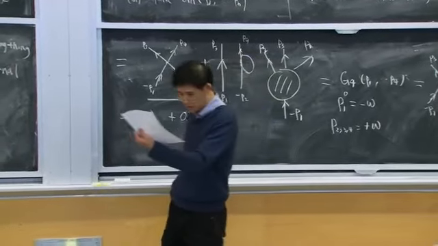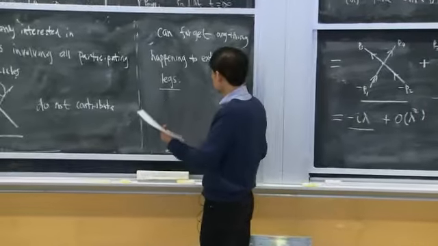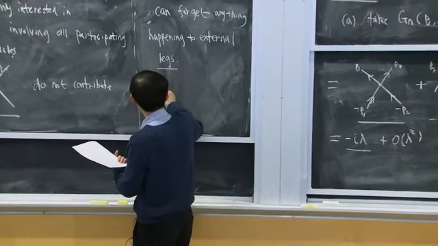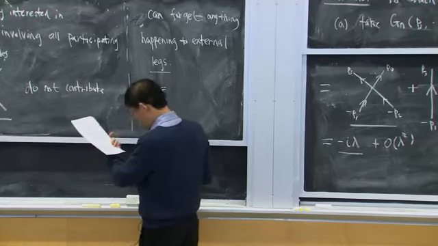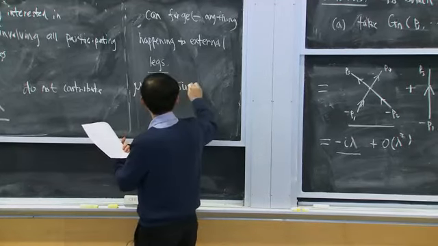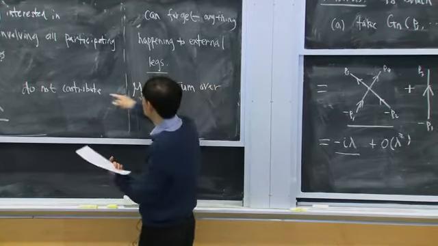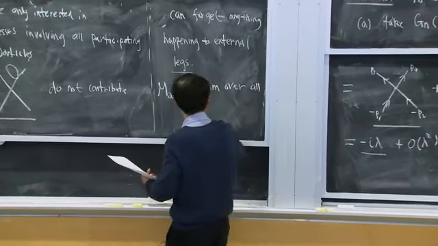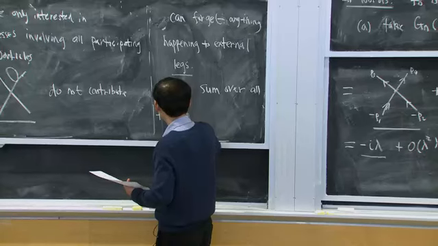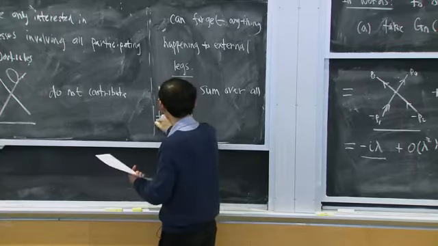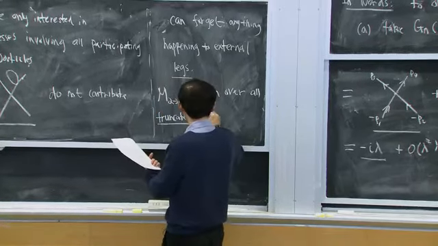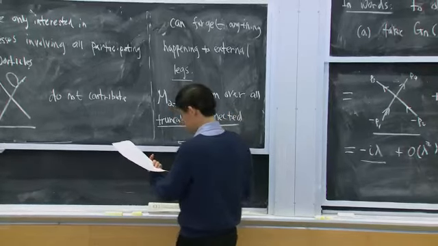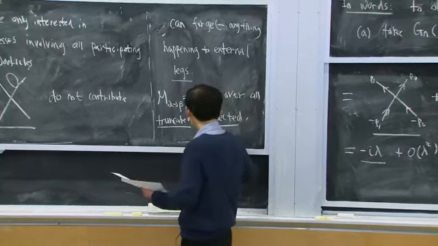So to summarize, when you compute the scattering amplitude, following this definition, you sum over all diagrams that are truncated, meaning you truncate all the external legs, and connected, because we want all particles to participate, and then the external particles are on shell.